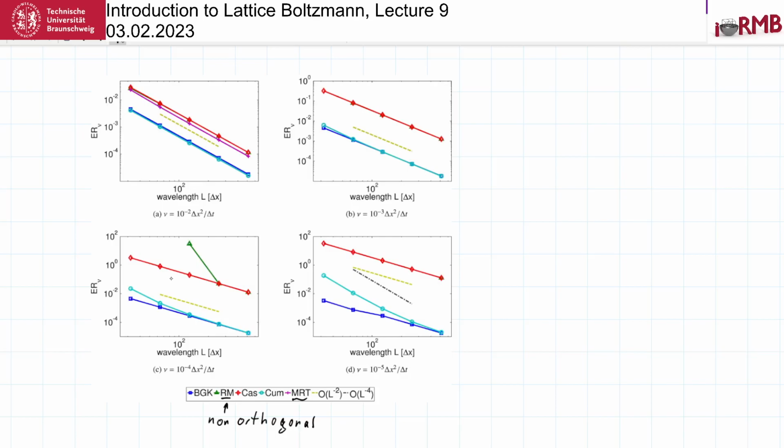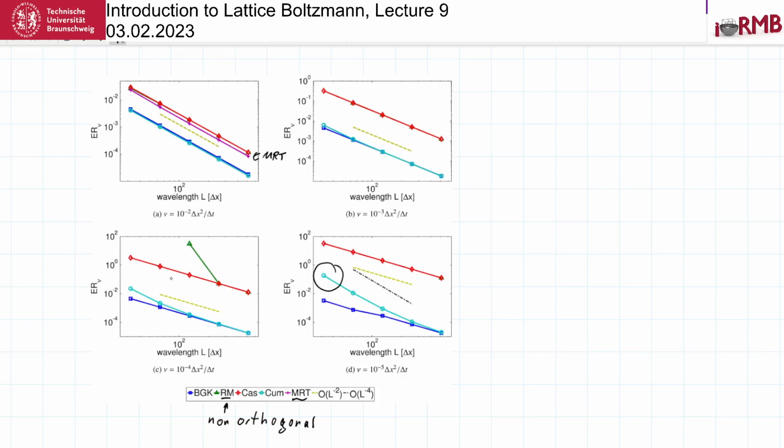So one thing that we observe here is that in most of these plots, it's not completely obvious everywhere. I think here we still have it. Yeah, here we have MRT. In all of the others, first of all, what we see is the error is large, so they all have the same convergence.